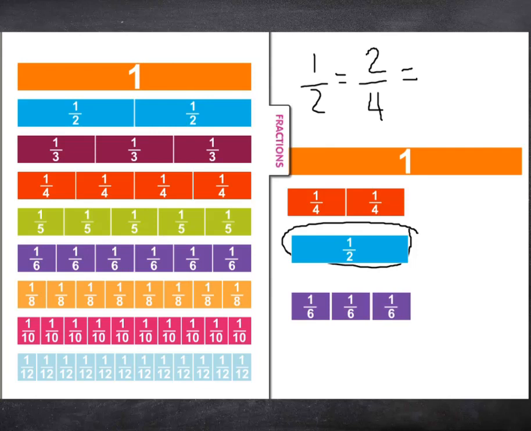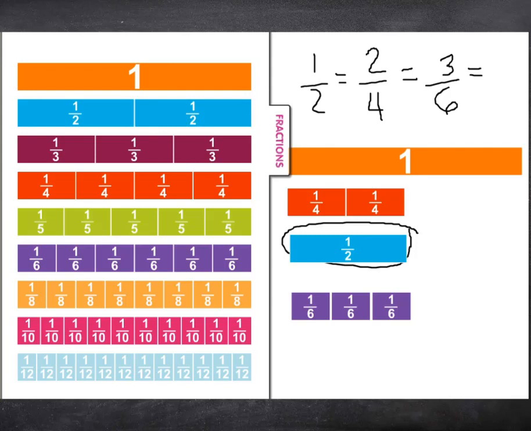Now let's compare. 1/2 is exactly the same as 3/6. Now we can say the equivalent fractions of 1/2 are 2/4 and 3/6. Let's find another equivalent fraction to 1/2.